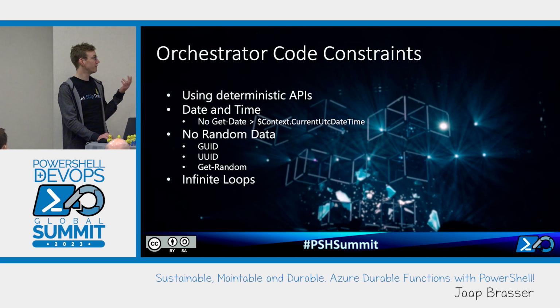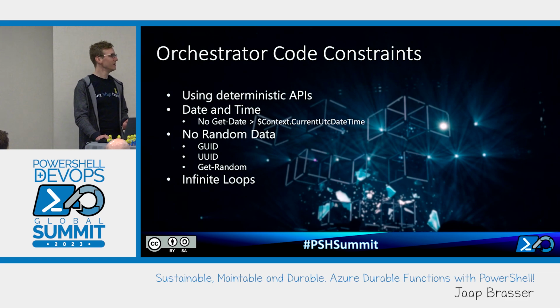And if you have non-deterministic values within your orchestration function, it will not play nice, and it will get you into situations where the orchestrator does things that are quite unexpected.